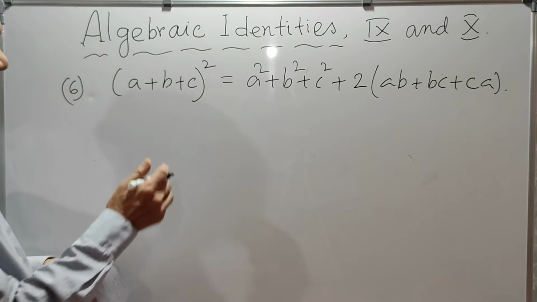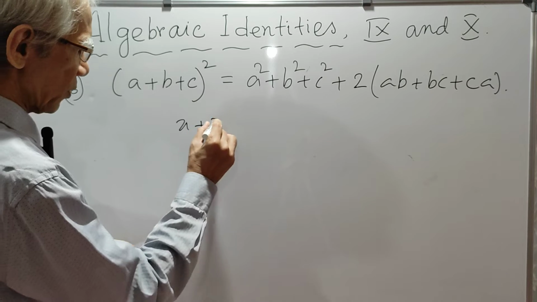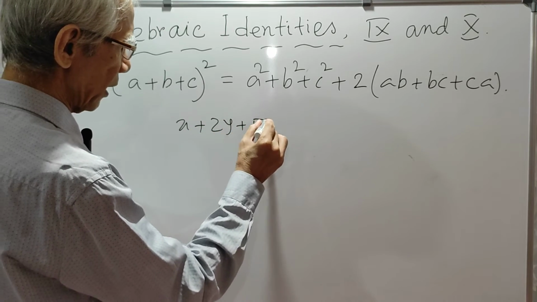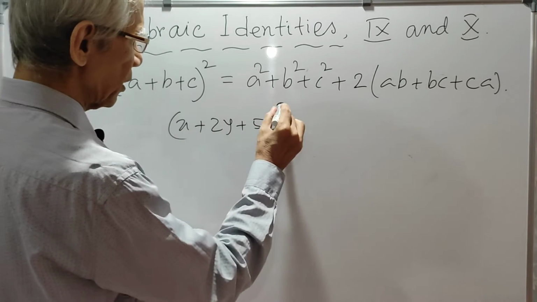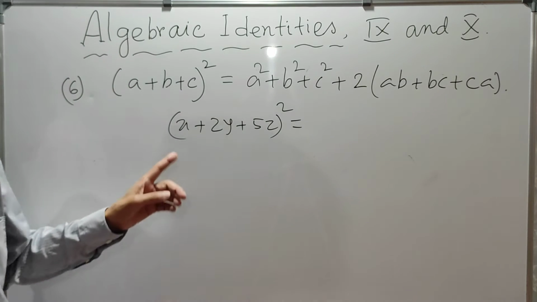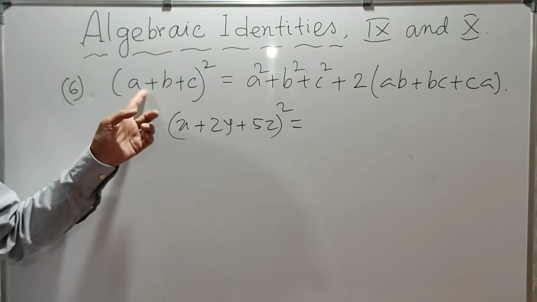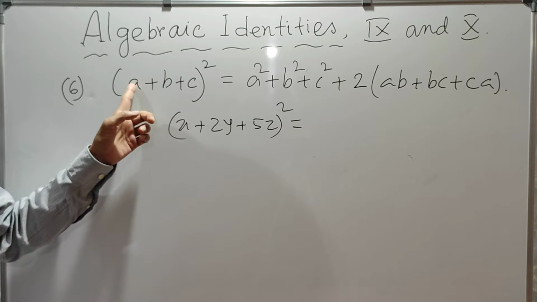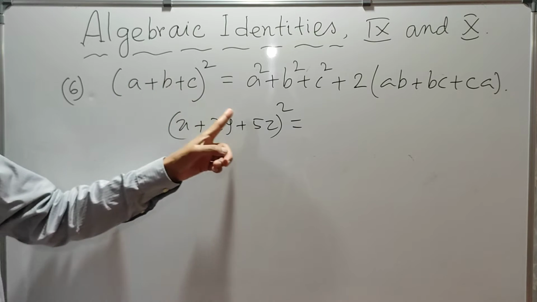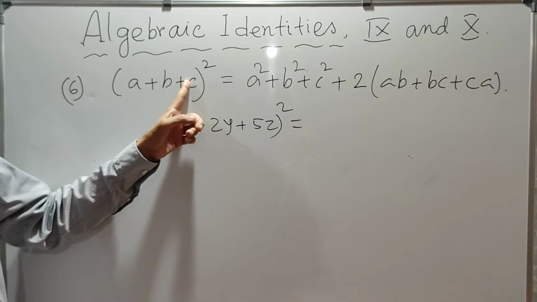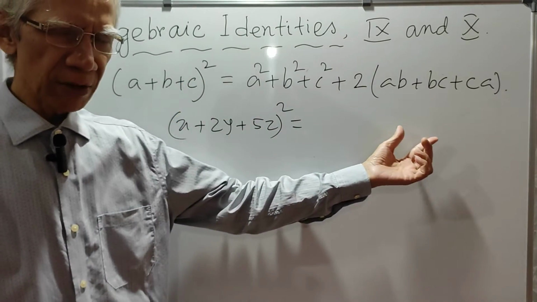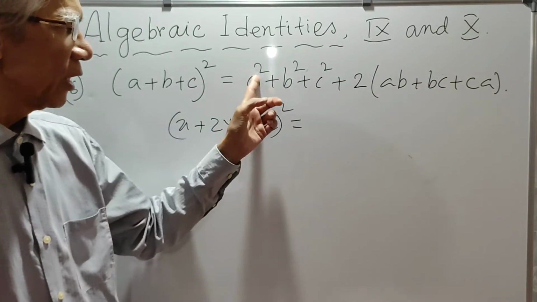Suppose you have to find out x plus 2y plus 5z whole square. Suppose there is a question, find the value of this. Then you will use this formula. So x will be considered as a, 2y will be considered as b, 5z will be considered as c. Then instead of multiplying ordinarily, you use the formula a, b, c.